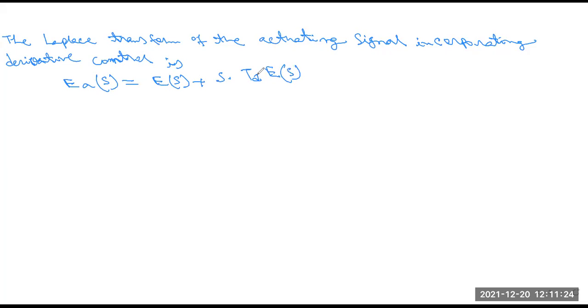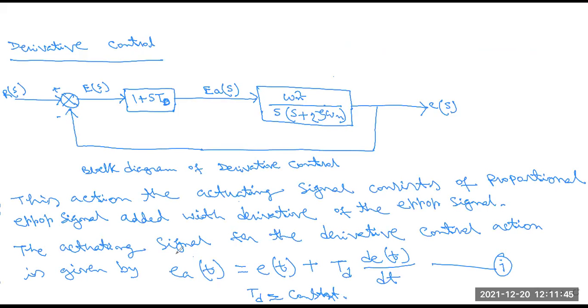This is the Laplace transformation of the previous derivative equation for this second order unity feedback control system, representing the derivative control action. The time domain equation is ea(t) equals e(t) plus TD times de(t)/dt, where TD is the time constant.